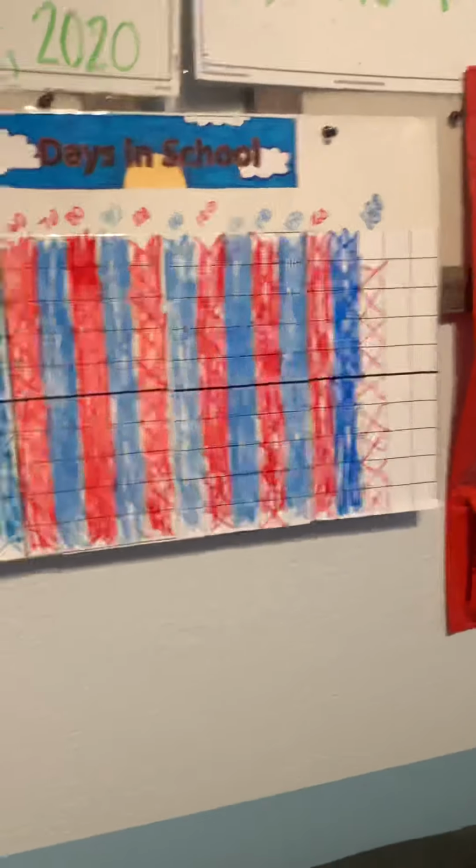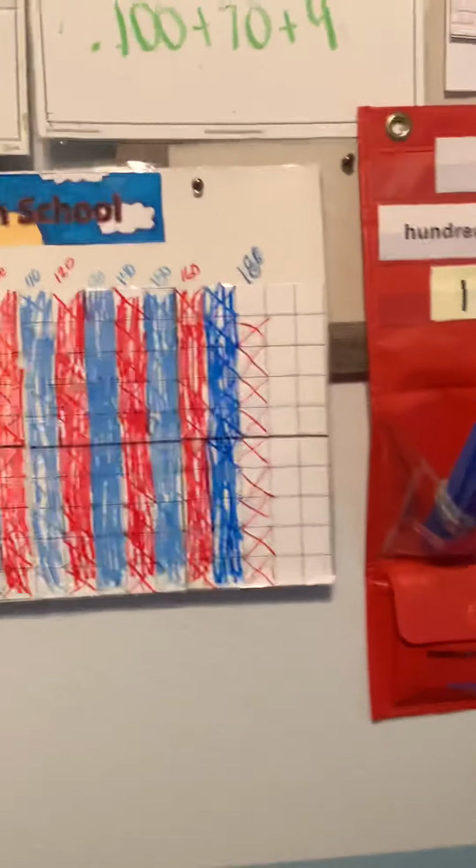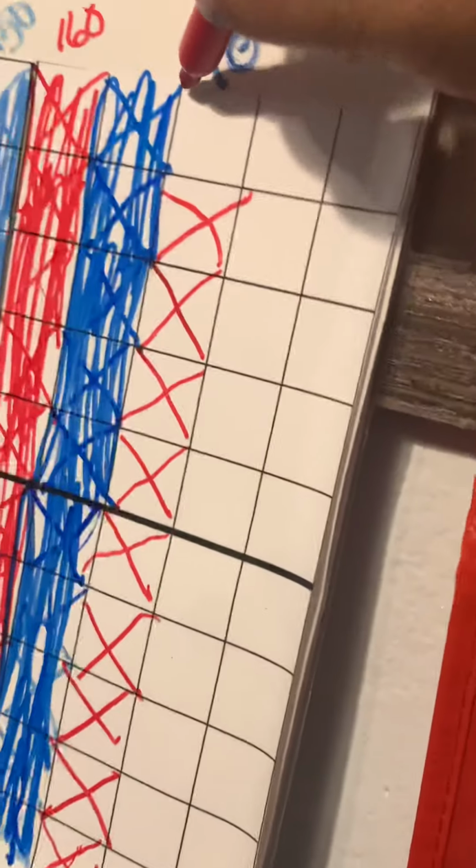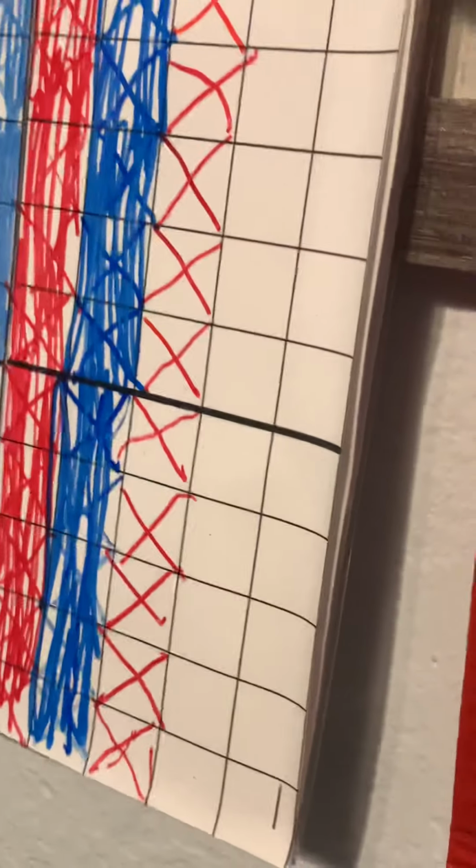All right. It is a decade day. So I'm going to come over here, and I need to fill in 1 last X. And if I notice, that's a 10, so I gotta color it in.